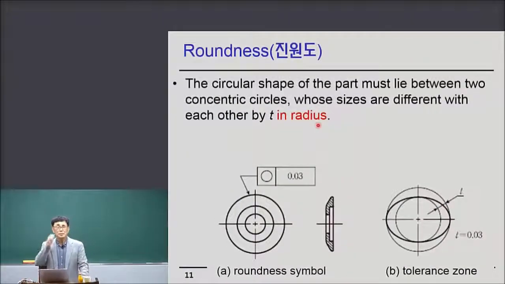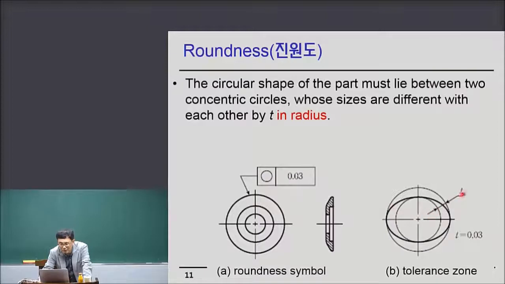Okay, roundness is related to true shape. So the definition of roundness is here. The circular shape of the part must lie between two concentric circles whose sizes are different from each other by t in radius.